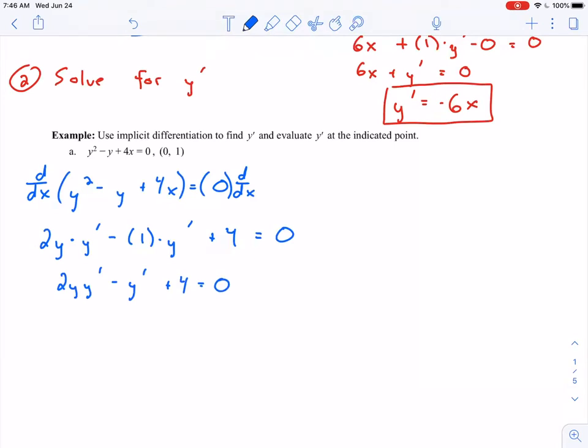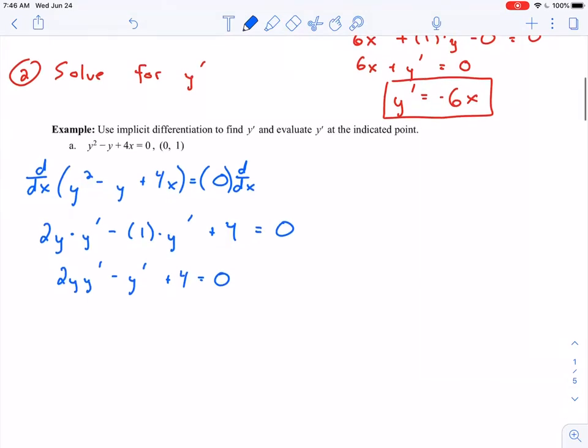So at this point, I've taken the derivative, which I think is kind of the harder part of this. This is the really new part of it. After that, I need to solve for y prime, and you may run into situations like this where it looks like I've got more than one y prime. So I've got two terms that have a y prime.